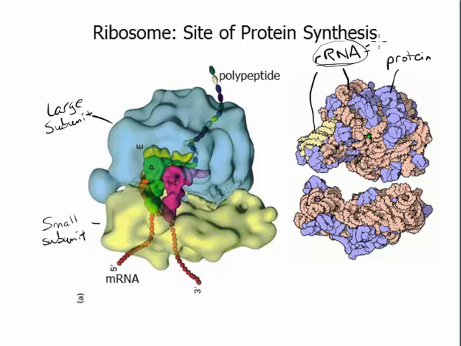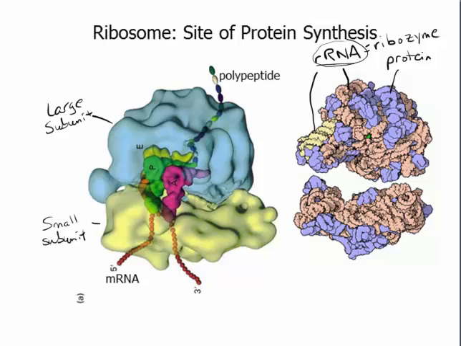And as we've talked about before, when you have an RNA that functions as an enzyme, we call that a ribozyme. So the ribosomal RNA component of the large subunit has this ribozyme activity that results in new peptide bond synthesis.